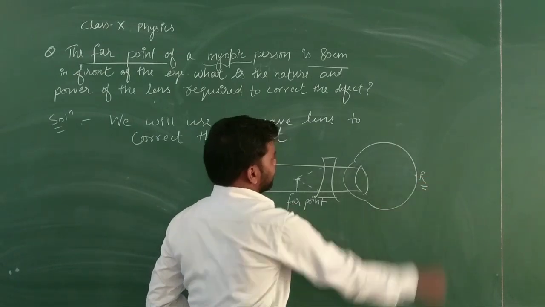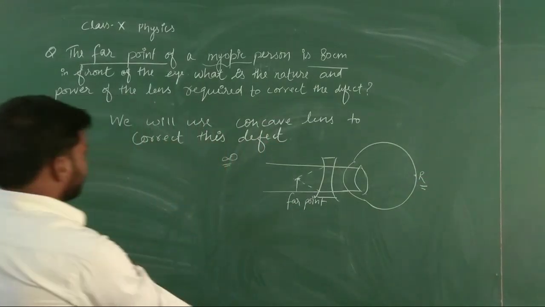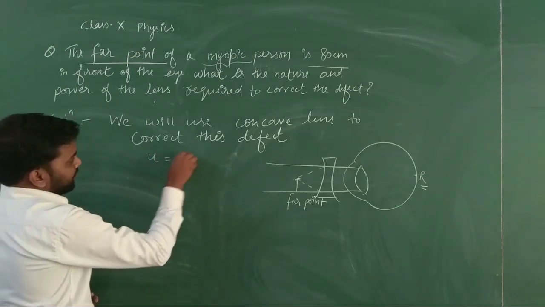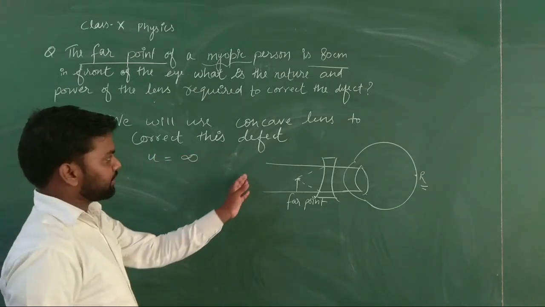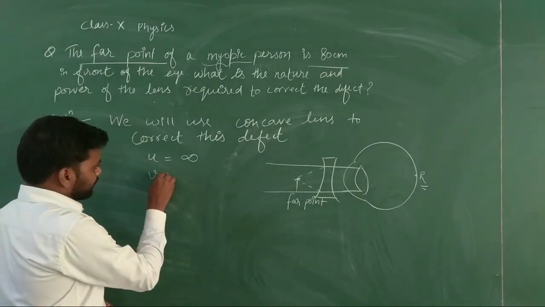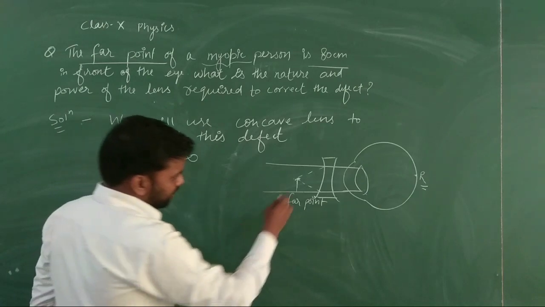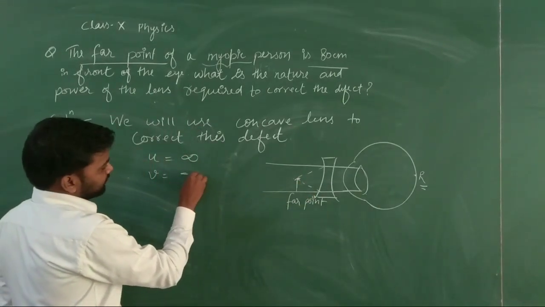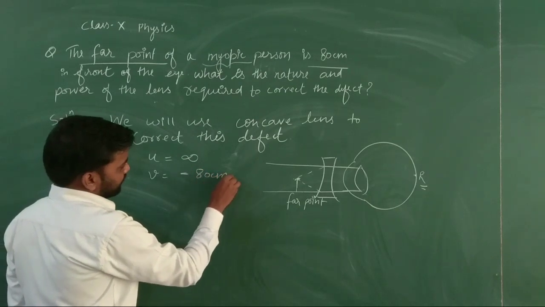So here u will be at infinity because the object is at an infinite position, but the image of that object needs to be made at this point. So v will be minus 80 centimeter.